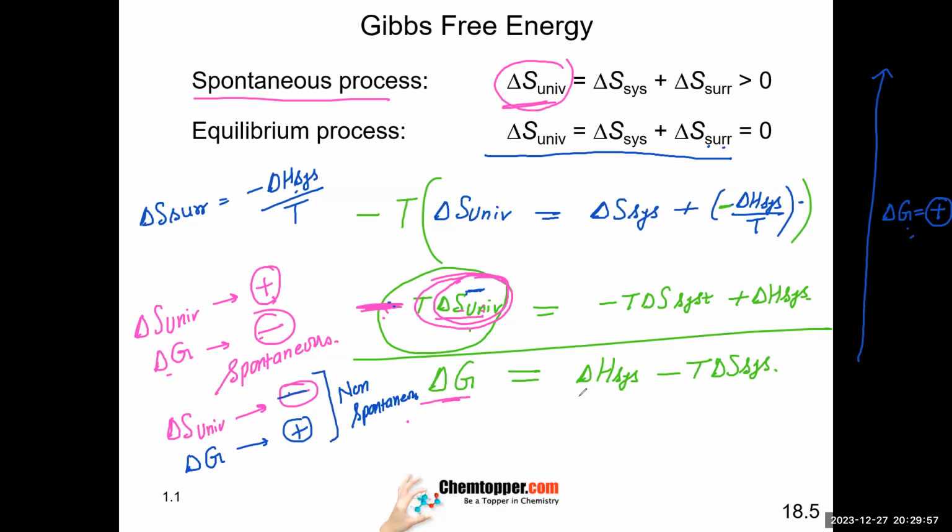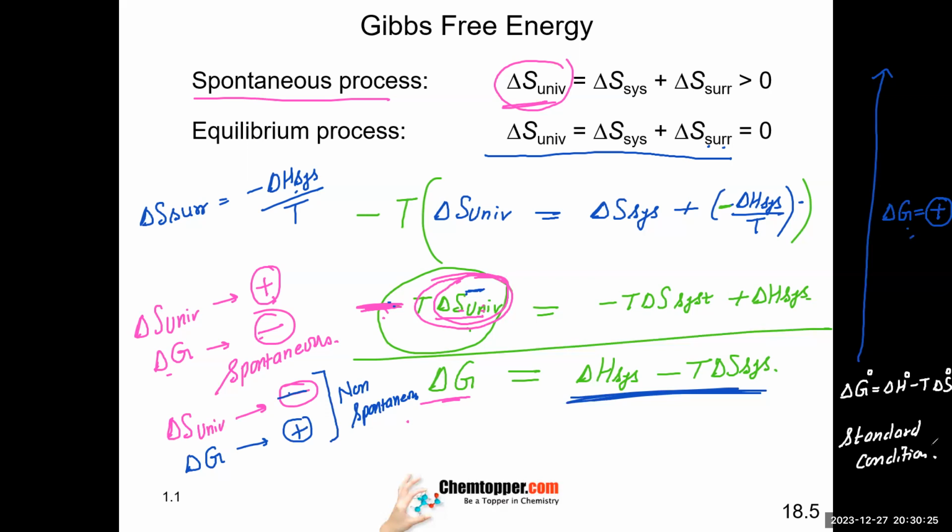Delta G, which you can calculate by using this equation, delta G is equal to delta H minus T delta S. If I put naught here, delta G naught, delta H naught, delta S naught, naught means standard conditions. Children, you are getting it?